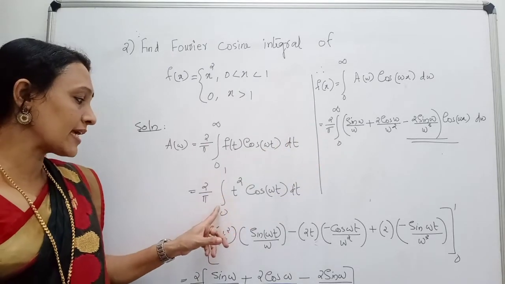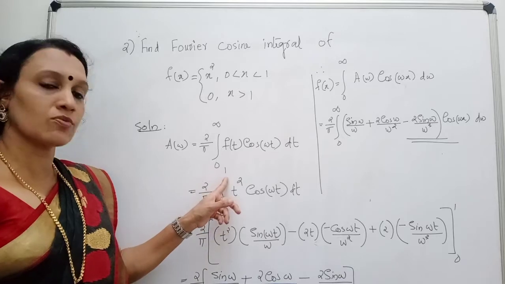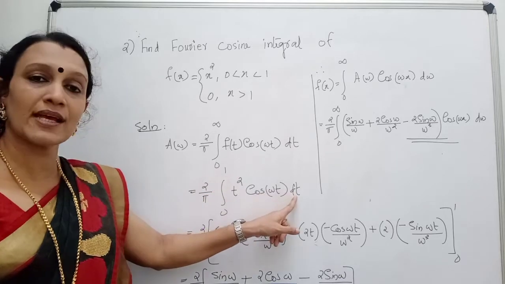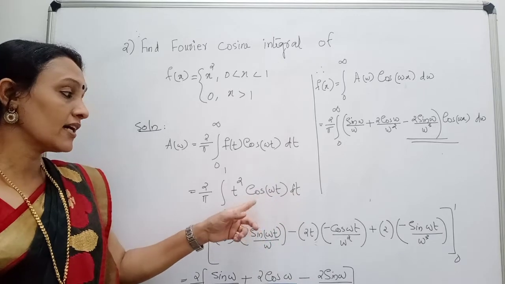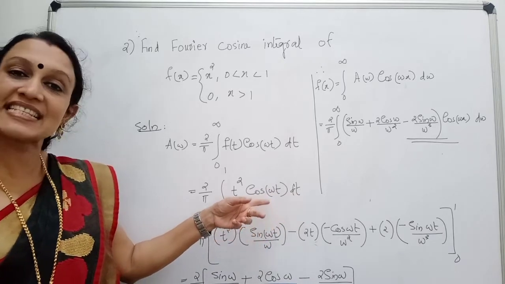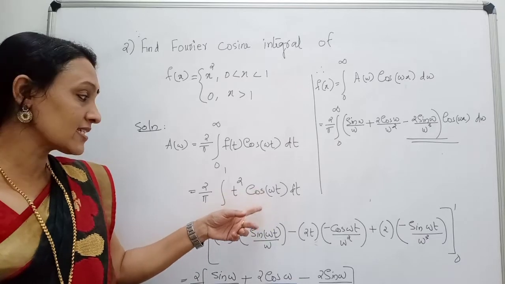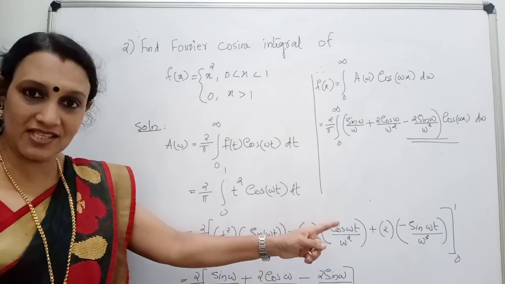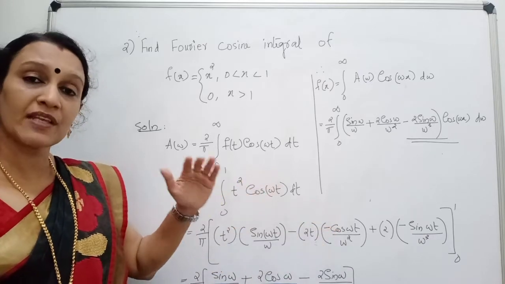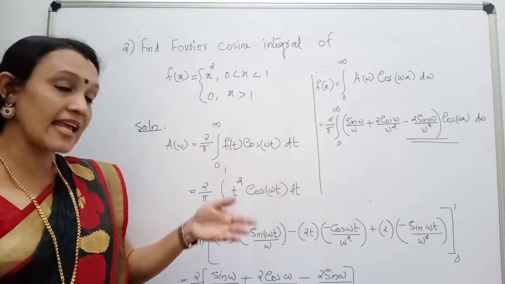Now, we should integrate 2 by pi integral 0 to 1 t square cos omega t dt. I discussed this type of integrals in the last video on easy integration techniques. In one line you can write the integrated result: just derivative, integral, then again derivative, integral.